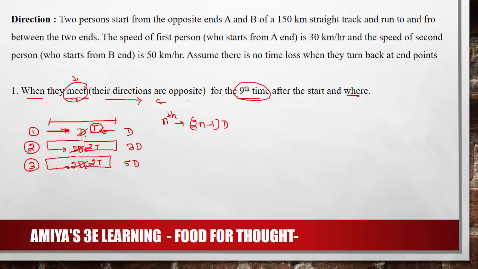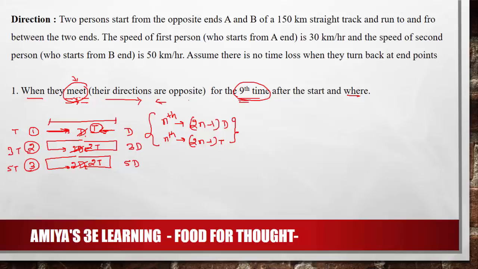So in the first meeting, if the time is t, then in the second meeting, the total time is 2t plus t, which is 3t from the starting time. For the third meeting, it is 5t from the starting time. So for the nth meeting, the total time is (2n minus 1)t. So these are the concepts and the formula for the meeting.